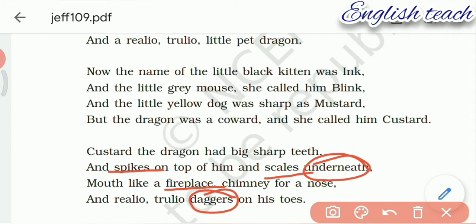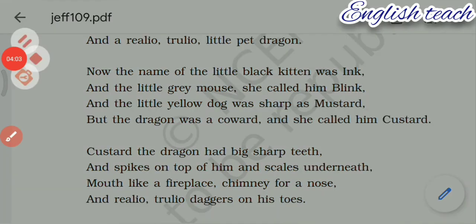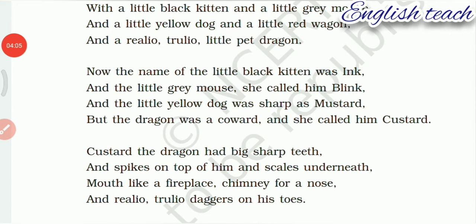His mouth has been compared to a fireplace because it is assumed that dragons can release fire from the mouth. Even his nose is compared to a chimney which is used to pass out smoke. His feet are like a sharp knife, for example, a dagger.